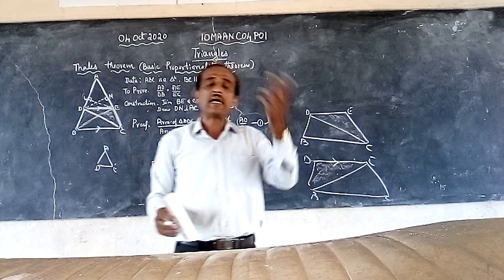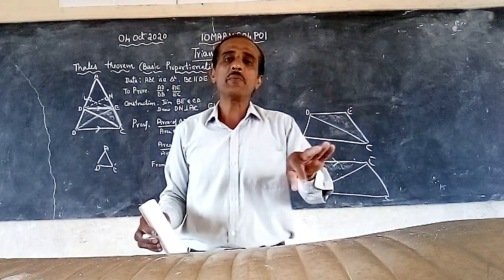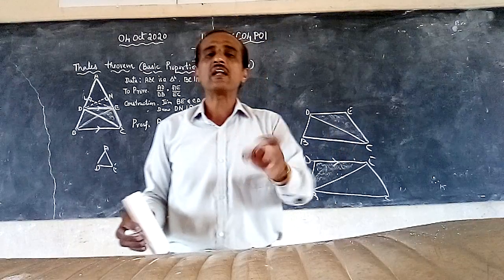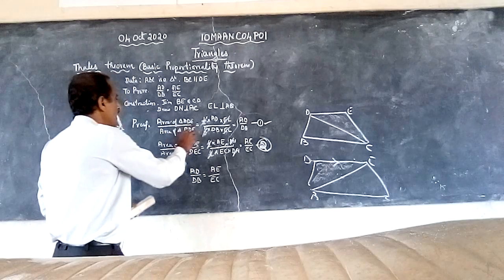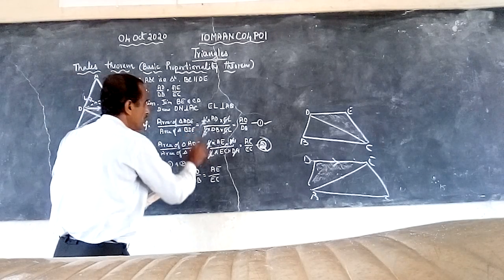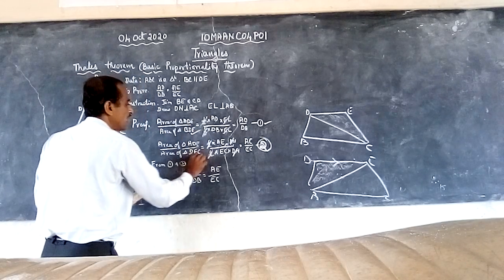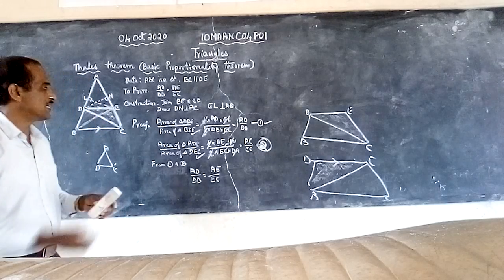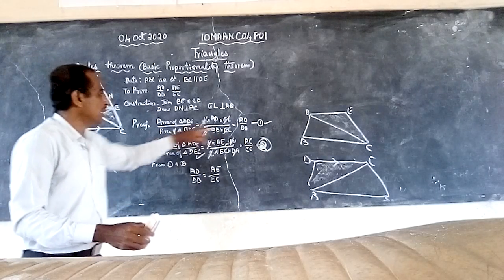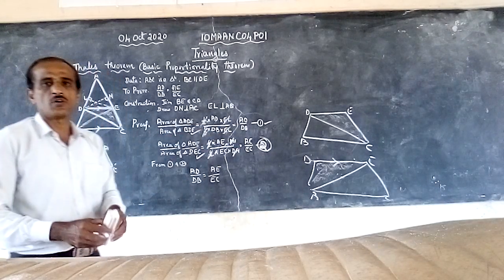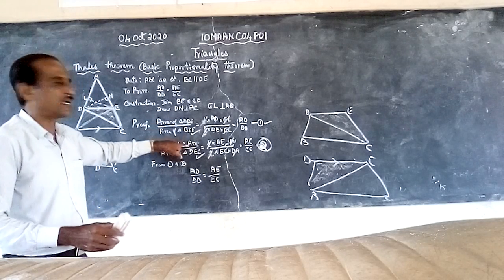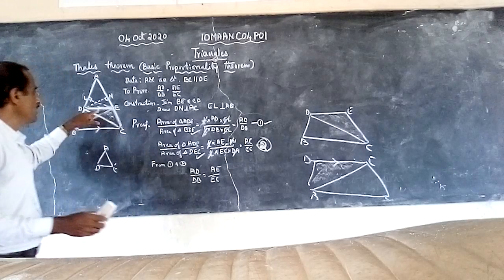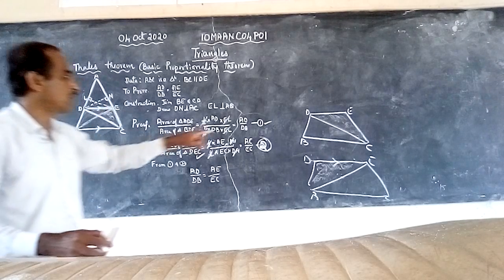So, triangles that lie on the same base and between the same parallels are equal in area, you have studied. Therefore, we can say area of the triangle BDE is equal to area of the triangle DEC. So instead of DB, you can write DEC also. Therefore, in the numerator is ADE, here also ADE. We can say these two triangles are equal in area.